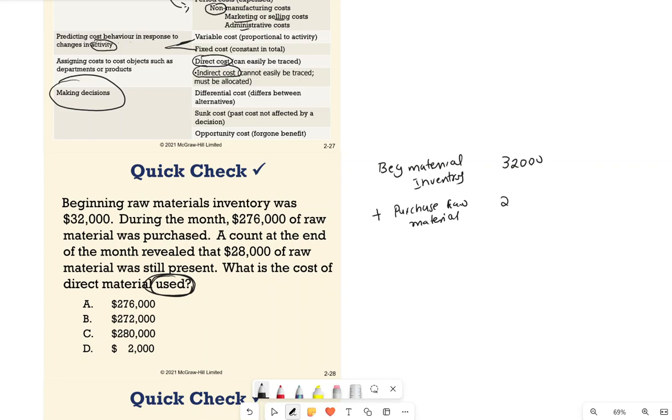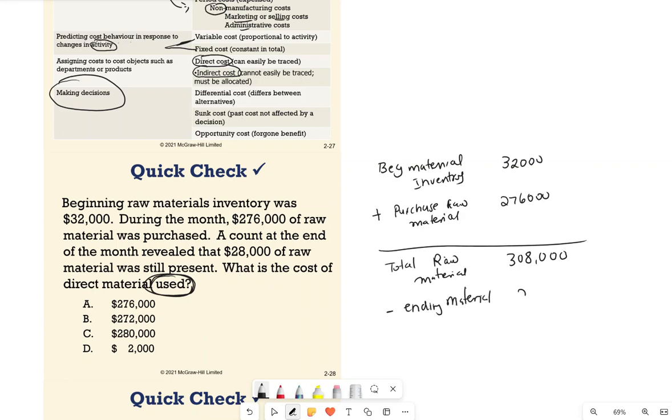How much did we purchase? 276. Then what does that give you? Your total raw material. If I add both of them, that is my total raw material to be used in the production, which is 308, minus your ending raw material.